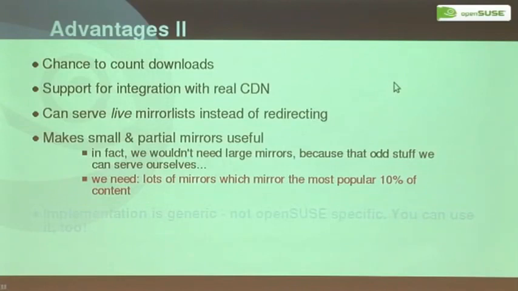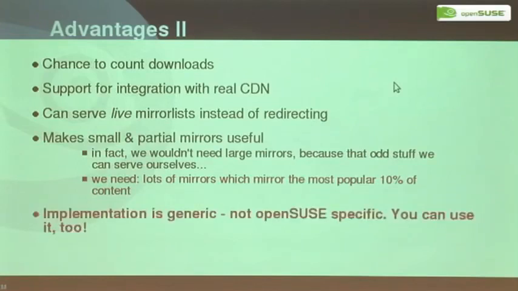So if we just mirror the most popular 10% of content, then we are fine. We can have more mirrors, and everybody's happy. And one of the best advantages of the thing is that it's not openSUSE specific, so it can be used with other download services.